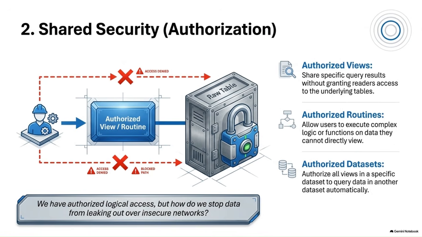Now imagine you have everything in place: authorized views, authorized datasets. People cannot touch your tables. Once they have this access, now you want to make sure of the network from which they are connecting. Let's say you log into the BigQuery console from your laptop, which is the public internet.